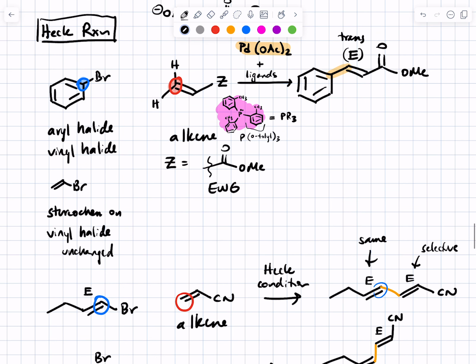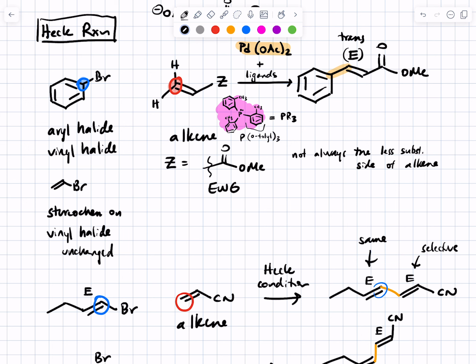So the carbon that gets coupled is not necessarily always the less substituted side of the alkene. Most of the time it will be. You may encounter situations where it isn't. You should just be prepared for both.